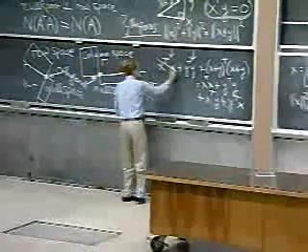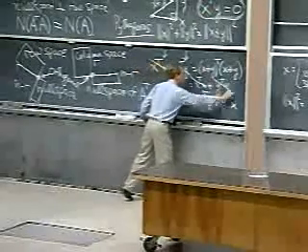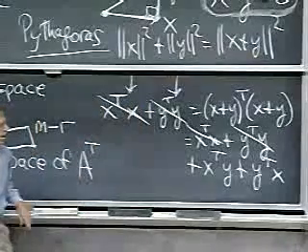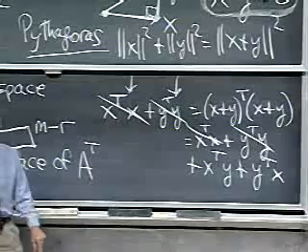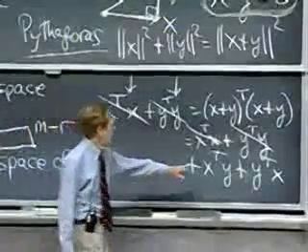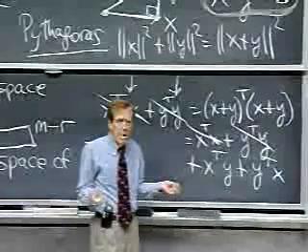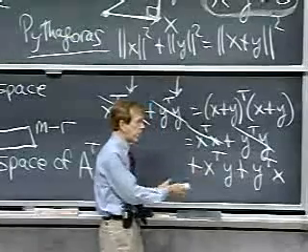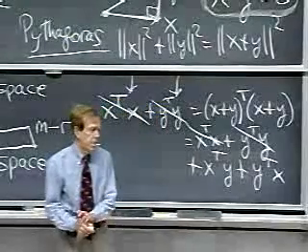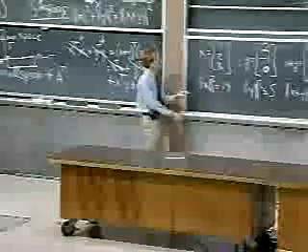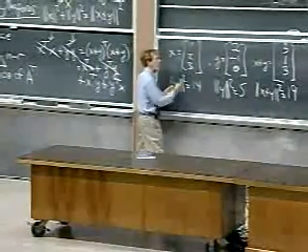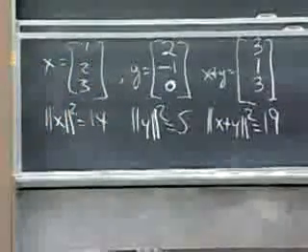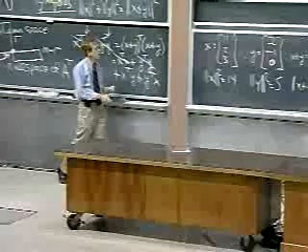Okay, so the x transpose x's cancel, the y transpose y's cancel. And what about these guys? What can you tell me about the inner product of x with y and the inner product of y with x? Is there a difference? While we're doing real vectors, which is all we're doing now, there's no difference. If I take x transpose y, that'll give me 0. If I took y transpose x, I would have the same x1, y1, and x2, y2, and x3, y3. It would be the same.